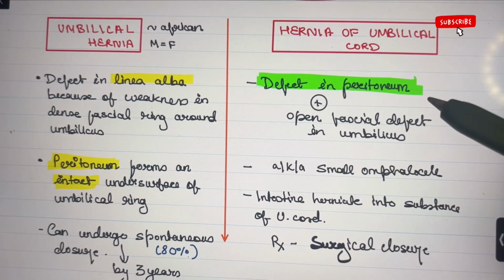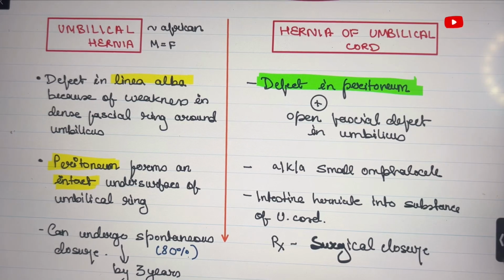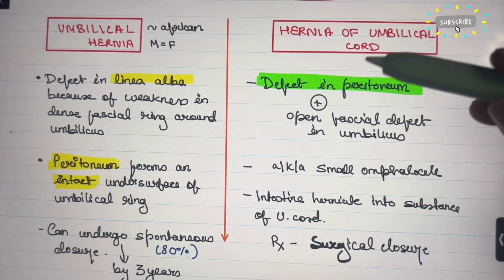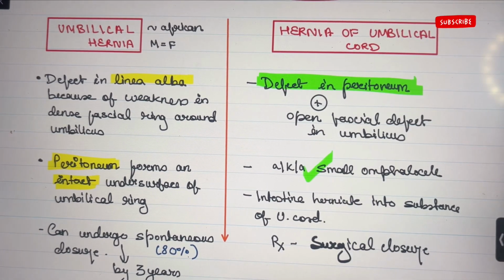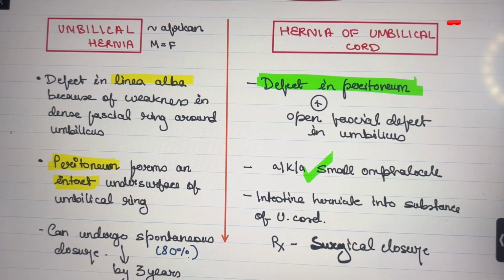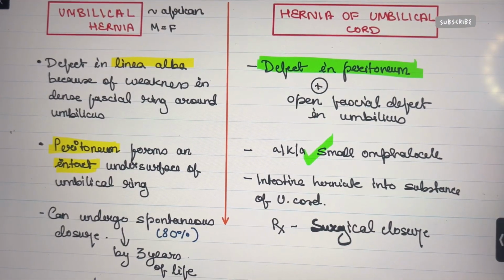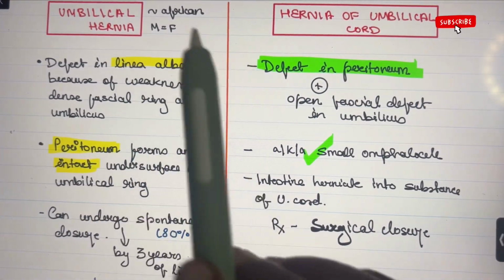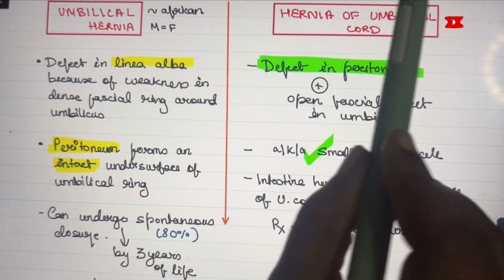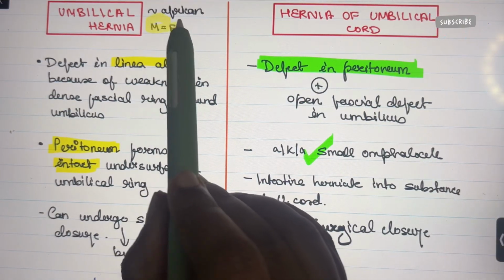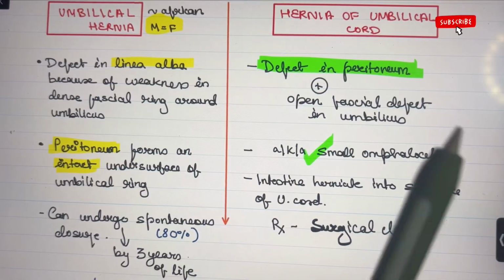There is a defect in the peritoneum along with the defect in the fascia. So this is also known as small omphalocele, hernia of umbilical cord, and intestine herniates into the substance of the umbilical cord. And in this case, you have very important, umbilical hernia is more common in Africans and male equal to female, like boys and girls have equal ratio.